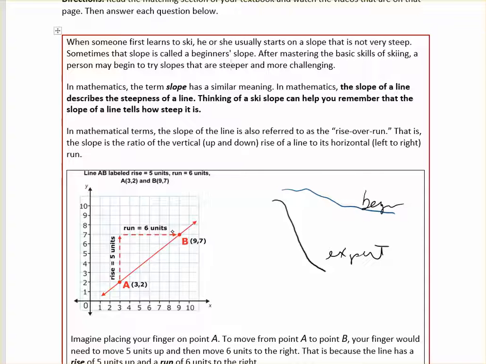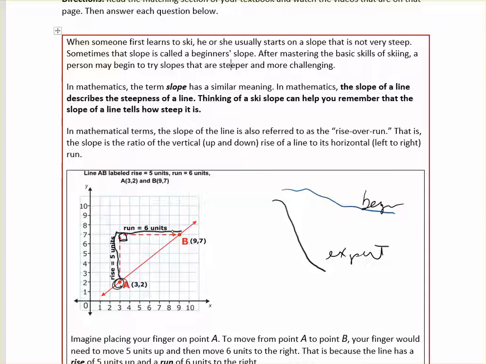So let's look at this example here. If you put your finger on A, to move from point A to B, you can go 5 units up, and then you can make a right turn, and then go 6 units right. So what we just made was a right triangle where we went straight up and then straight to the right.